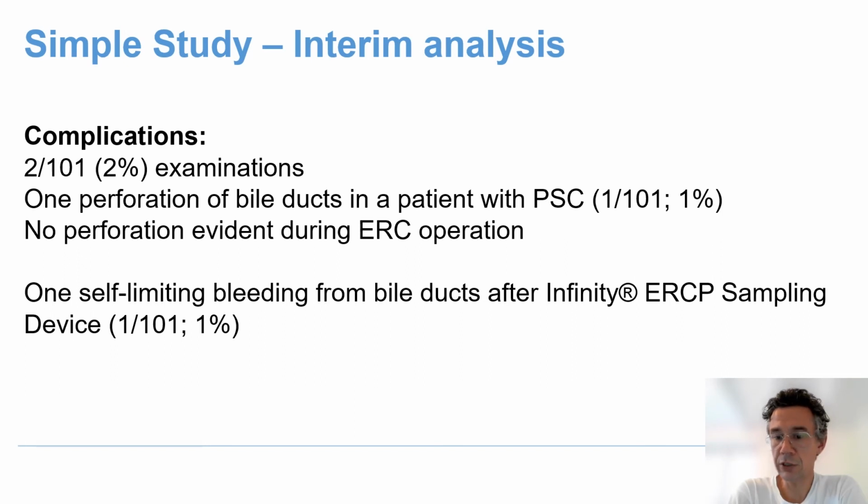However, perforation of the bile ducts is a typical complication in patients with PSC because they have, in most cases, several severe stenoses, which may lead to perforation in therapeutic ERC. We had 1 self-limiting bleeding from the bile ducts after the Infinity ERCP sampling device, which translates to a percentage of 1%.